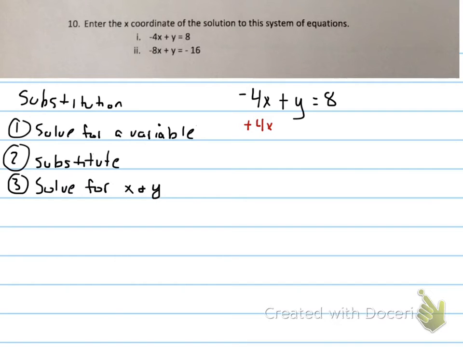Add 4x to both sides, and what I'm going to get is y equals 8 plus 4x. Now I'm going to take this and put it into right here, that y. So that goes right in there. And then you'll solve for x, and then you go back and solve for y.